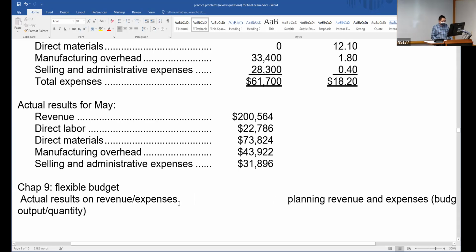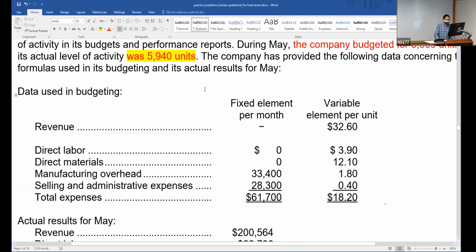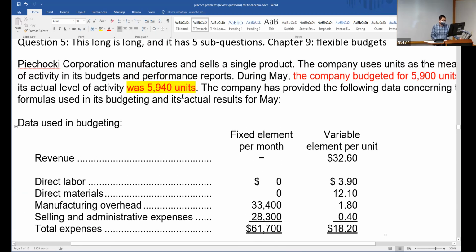if we spend more expenses, this could be only due to the fact that, like in this question, our actual output or activity is higher than the budgeted one. So of course we need to spend more, and this has nothing to do with the CEO's ability, or whether the CEO is working hard or doing a good job in cost control.